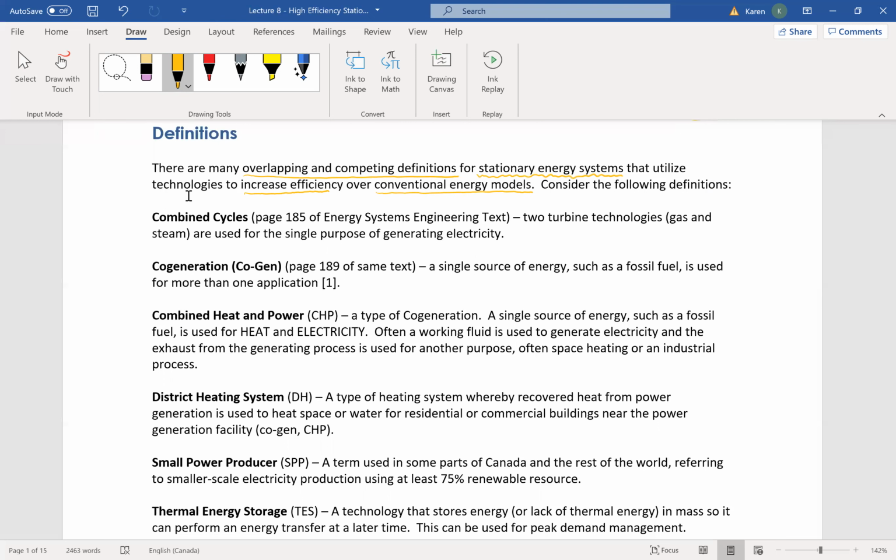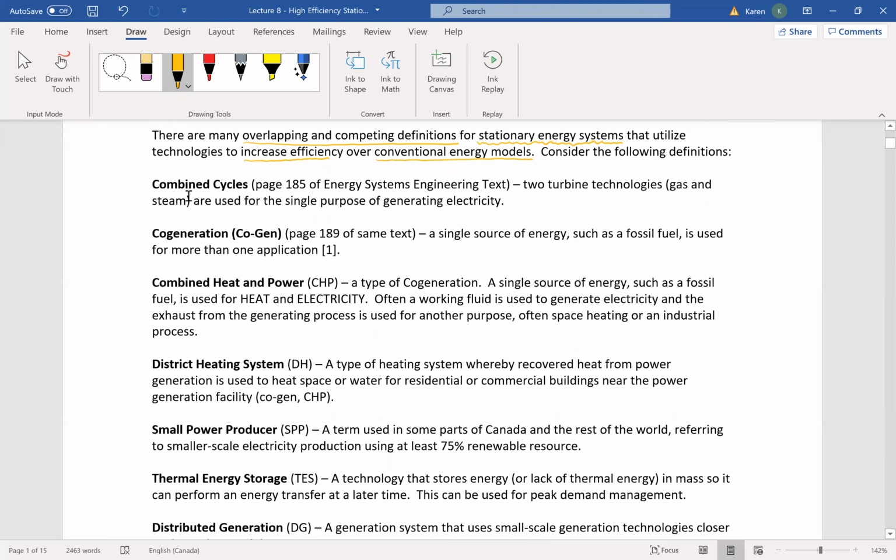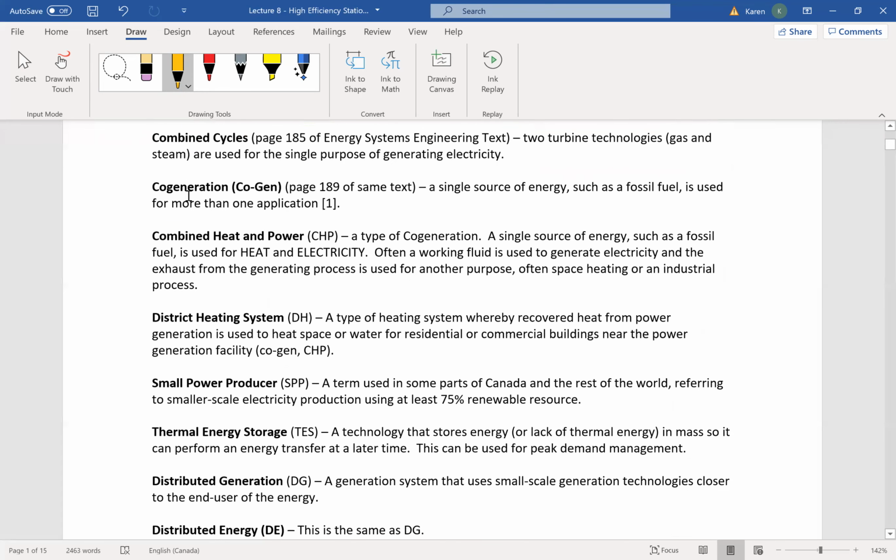So you'll have to be patient in the fact that many organizations use different terms, the government uses different terms, different levels of the government use different terms, different countries use different terms. So I've taken great pains to define some of these terms.